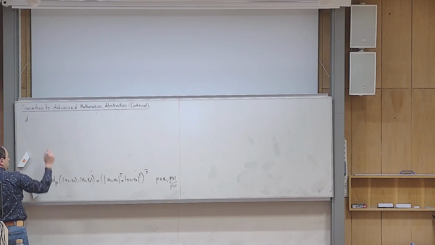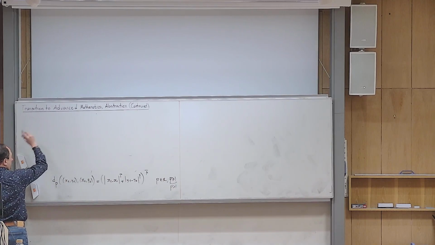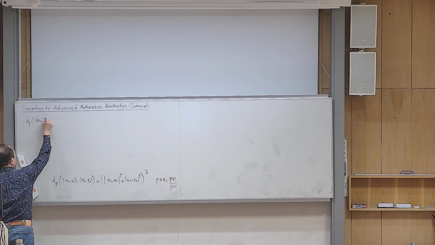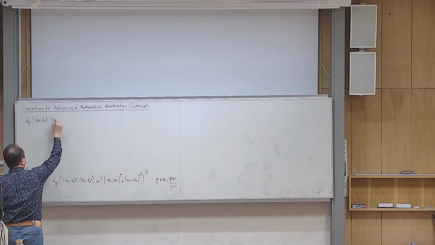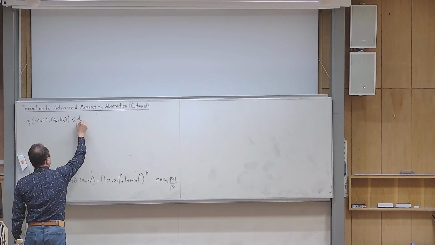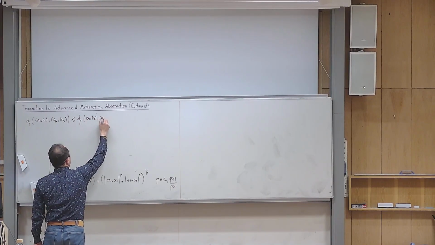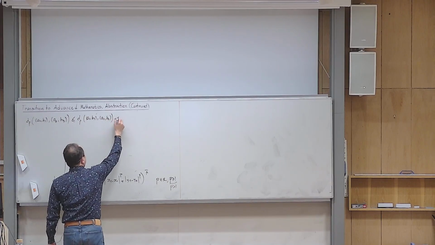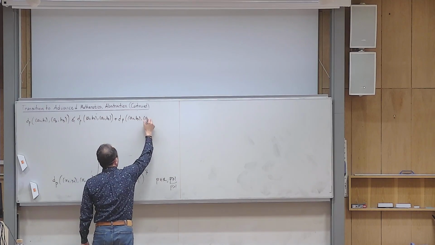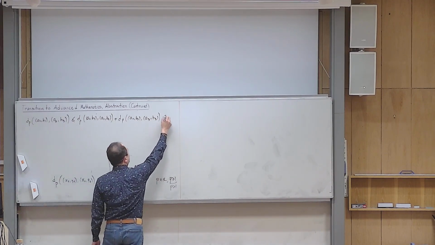So my goal is to show that d_p of (a1, b1) and (a3, b3) is less than or equal to d_p of (a1, b1) and (a2, b2), plus the distance between (a2, b2) and (a3, b3), yes? If this is my goal, I want to show this.